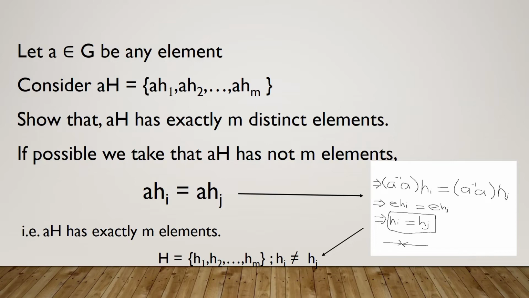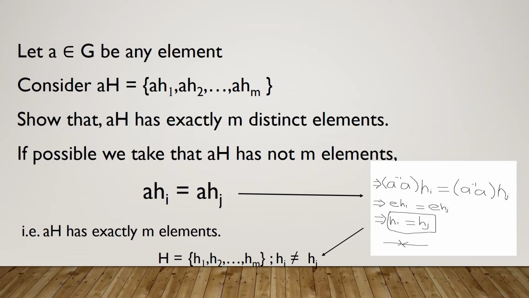As you can see, we multiply both sides by a to the power of negative 1, so we will get ehi is equal to ehj. So what remains is hi is equal to hj. But from our previous slide, the elements of H are h1, h2, and so on up to hm, and hi is not equal to hj. So this contradicts our assumption about the order of H.